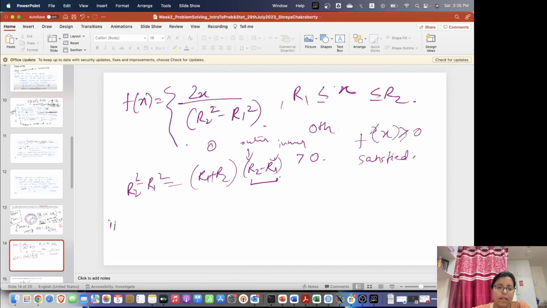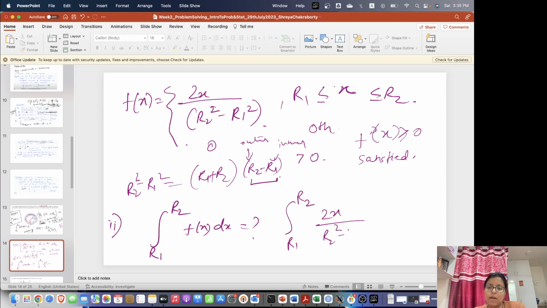Now the second one is: over the support of x, R1 to R2, fx dx equal to how much? So the integral from R1 to R2 of 2x by (R2 square minus R1 square); this is common, so R2 square minus R1 square, integration R1 to R2 of 2x.